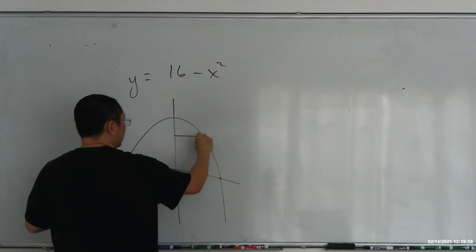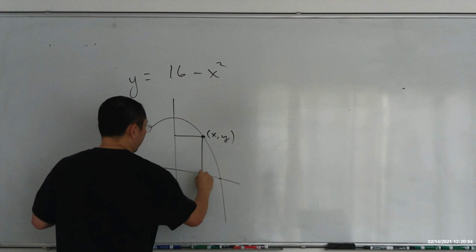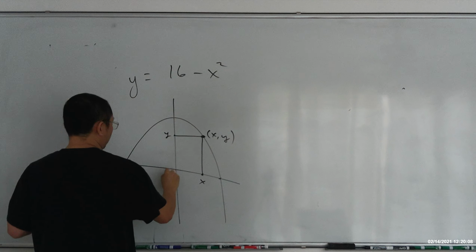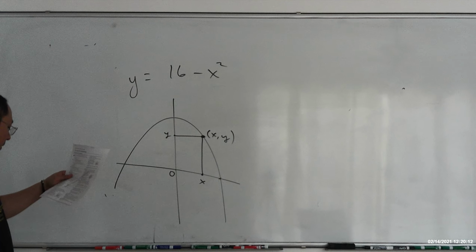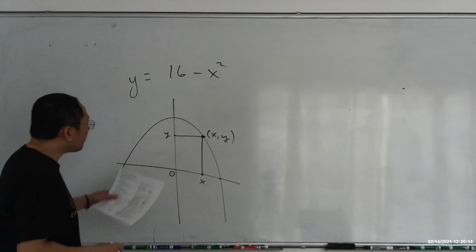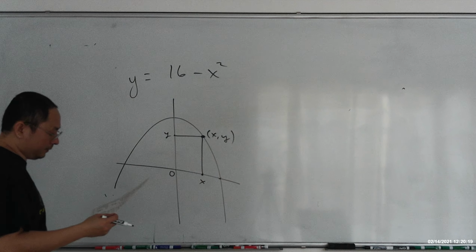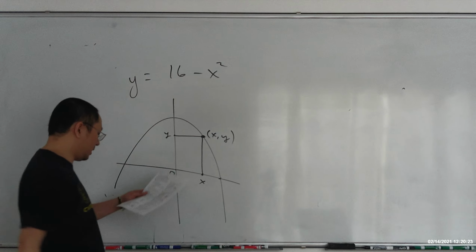This point is x comma y. So this point right here is going to be x, 0. This one is going to be 0, y, right? The origin right here. So they give you a rectangle in the first quadrant and have one corner on the parabola, and the parabola is y equal to 16 minus x squared.